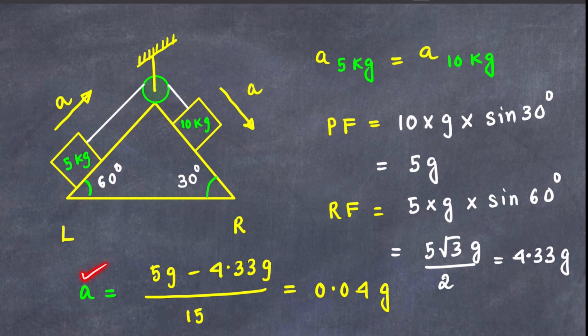In the previous case the acceleration came out to be negative, but over here the acceleration comes out to be positive. So what does positive acceleration mean? Positive acceleration means the direction we have chosen in our assumption is right. So our initial assumption is right. Okay, so that means the 10 kg block will indeed go downward and the 5 kg block will indeed move upward.